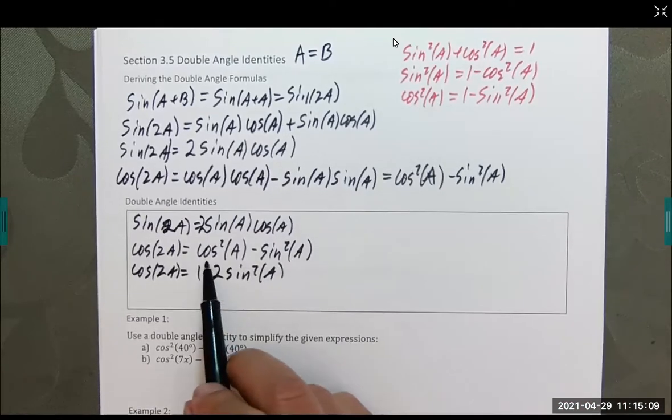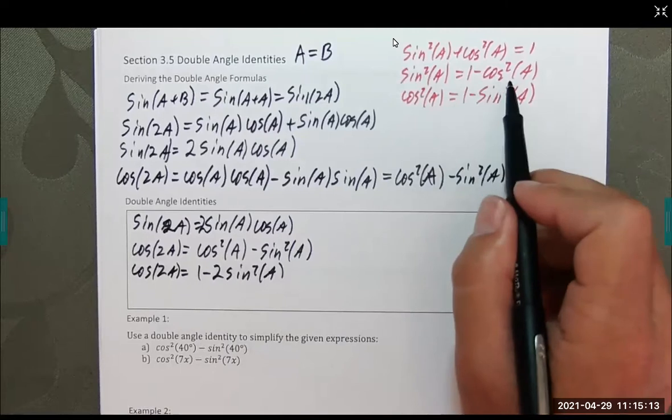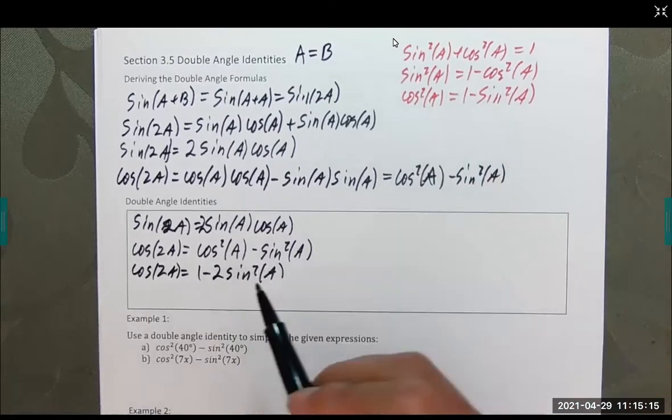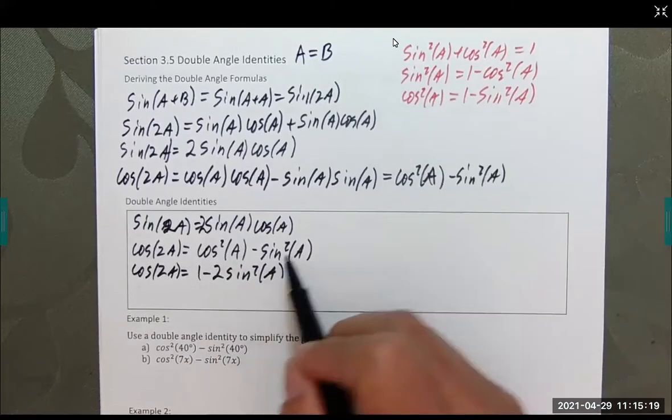What if I'm here and I replace sine squared A with 1 minus cosine squared A?